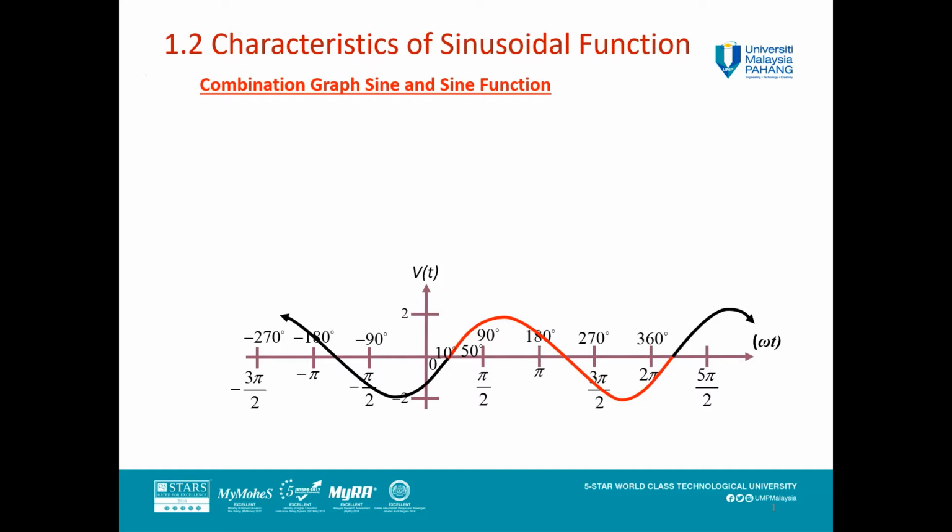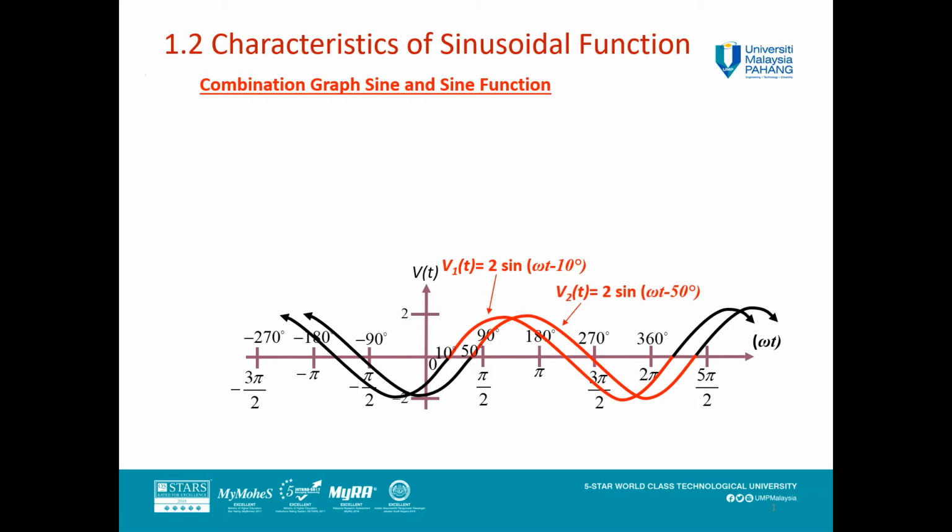The first equation is V1 equals 2 sine omega t plus 10 degrees. The second graph is V2 equals 2 sine omega t minus 50 degrees. These are two sine waveforms. Now, what is the phase difference?